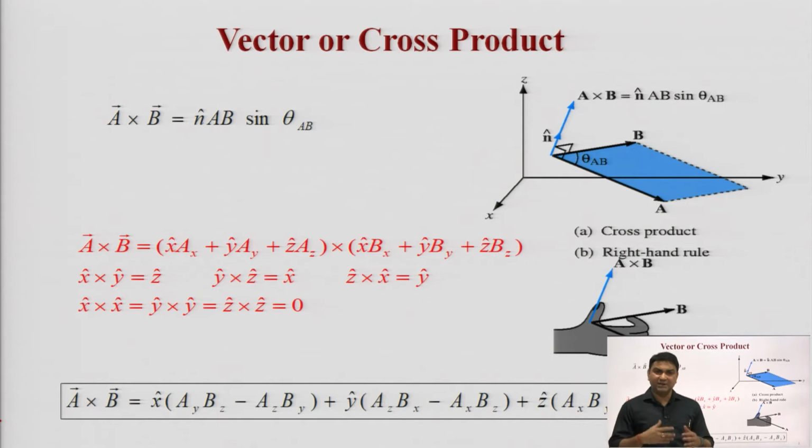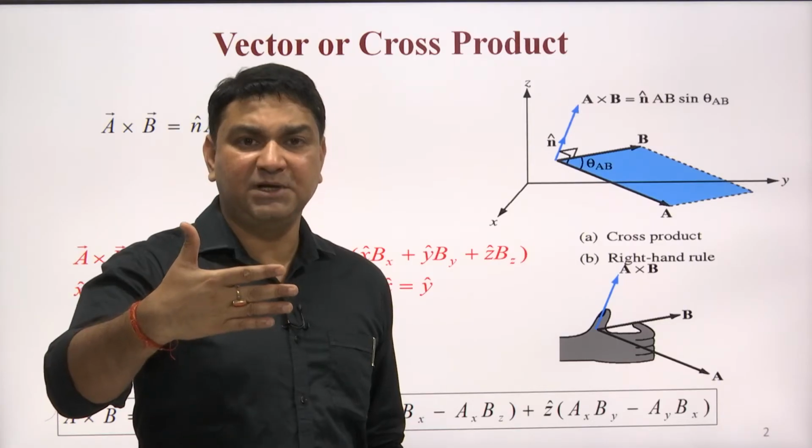To understand the directions of these cross product multiplications, there is the right hand rule. What does it say? This is my right hand and I can show the direction of the multiplication.